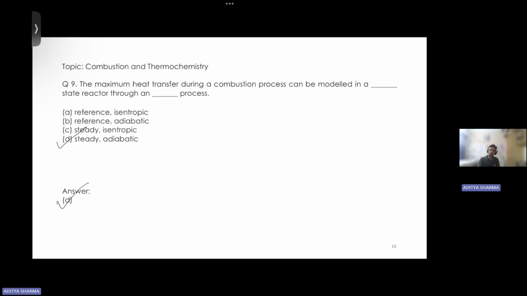So this is from your adiabatic flame temperature topic.